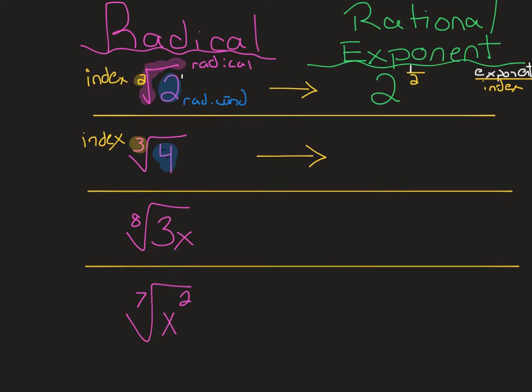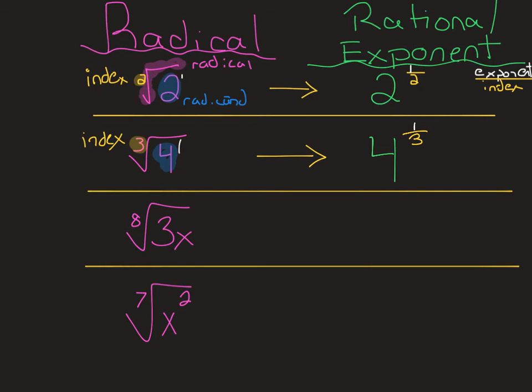The exponent on my radicand is 1. So when I take this and write it in rational exponent form, my radicand comes over, so that's just 4. My exponent was 1, and my index was 3. So this will become 4 to the 1/3.